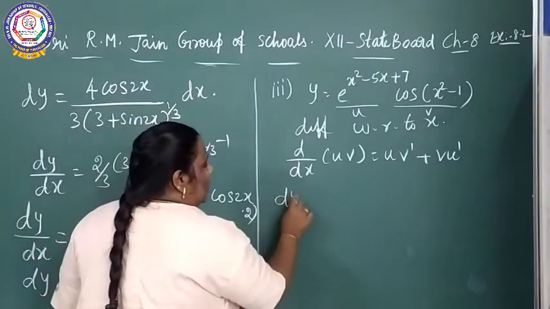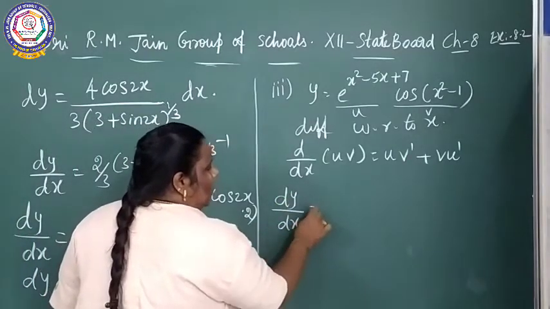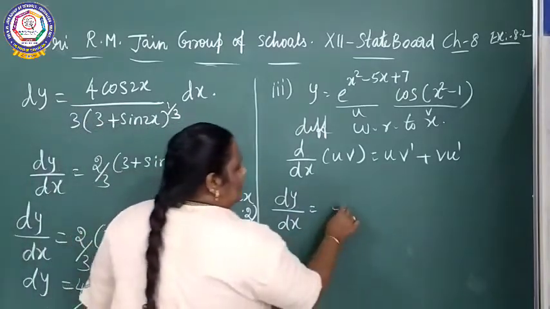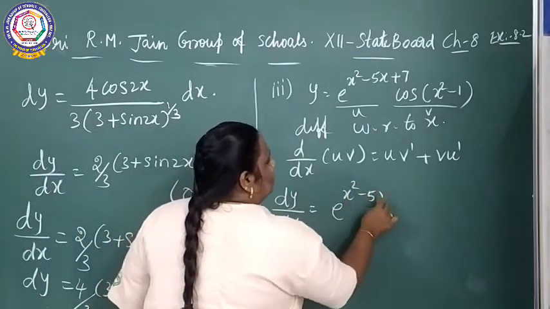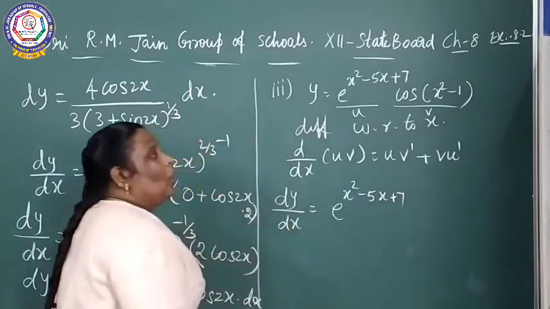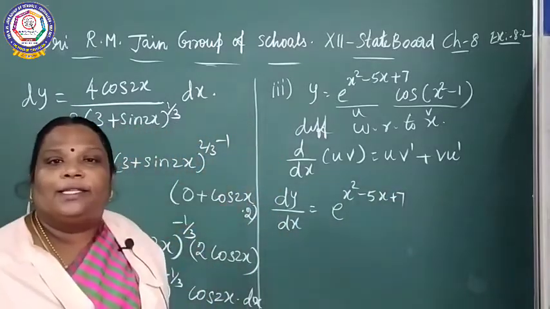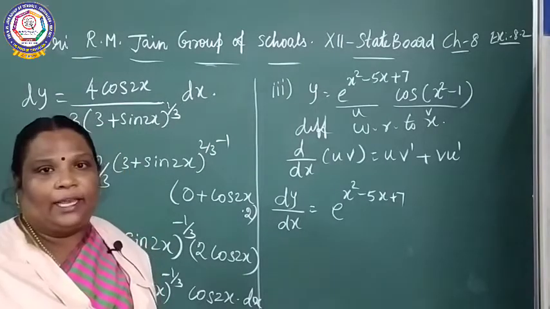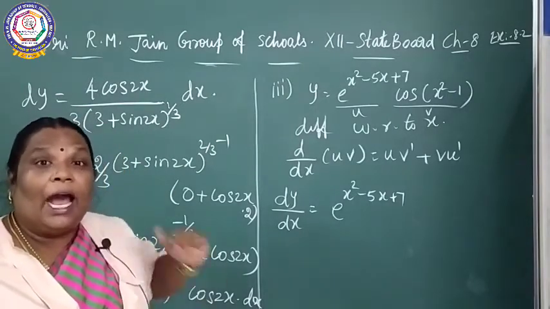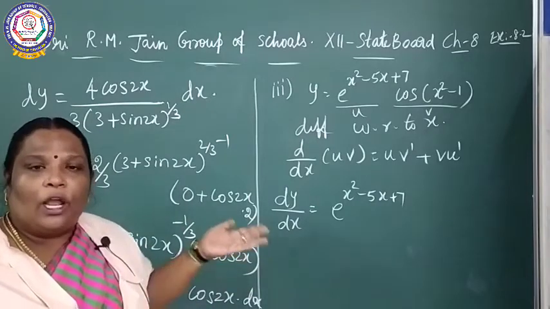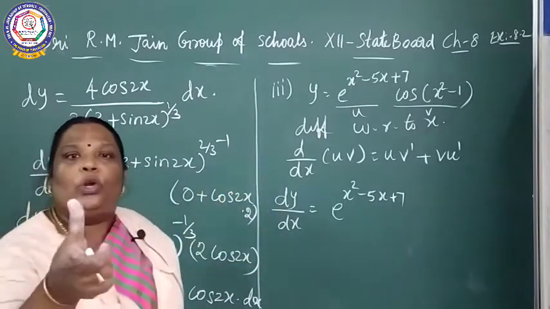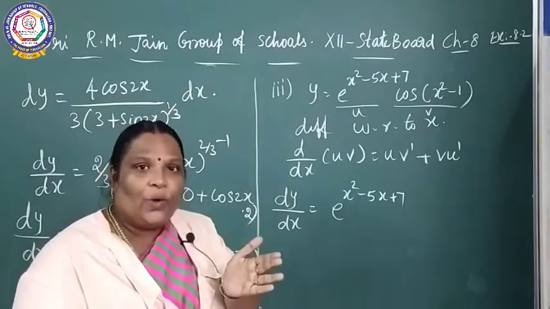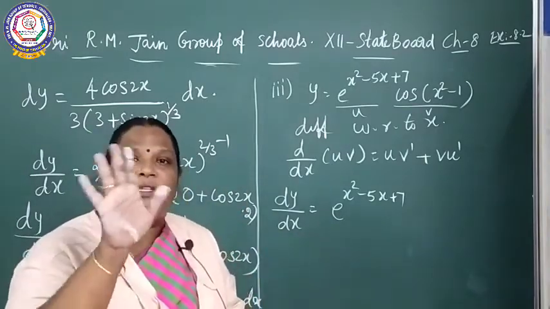So, dy by dx equal to u as it is you will write, e power (x square minus 5x plus 7), into the differentiation of cos of (x square minus 1). If it is cos x, you will differentiate to minus sin x. But here two terms are there, cos of (x square minus 1). First you will differentiate cos, taking the total term x square minus 1 as x.